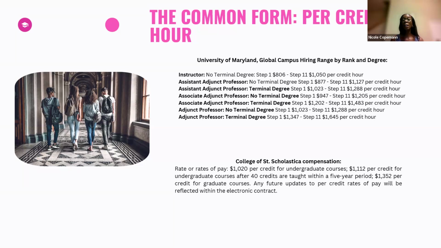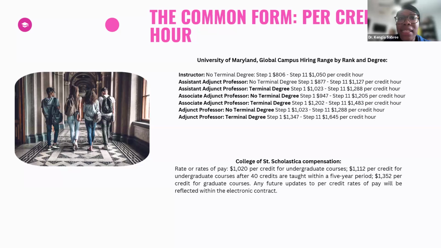Depending on the institution, like at my institution, you're an adjunct professor, but then University of Maryland Global, there's further distinction. So if you don't have a terminal degree, then you're just an assistant professor, right? Or an instructor. Yes, absolutely.